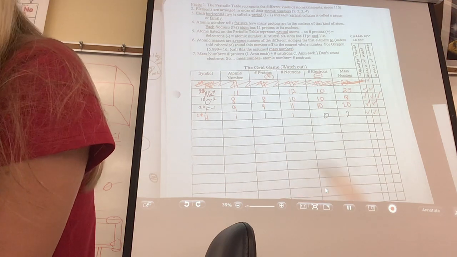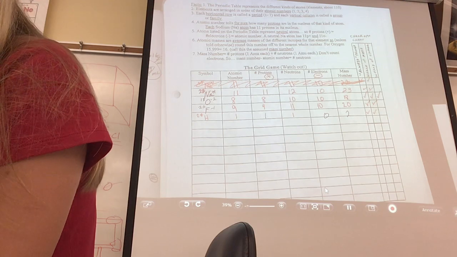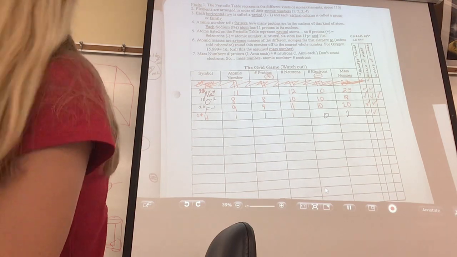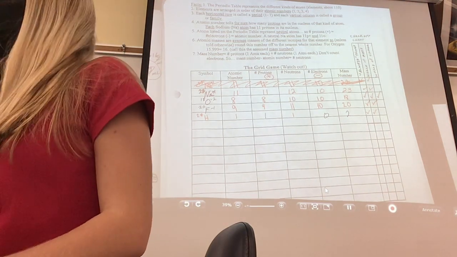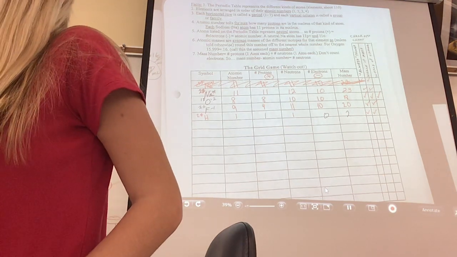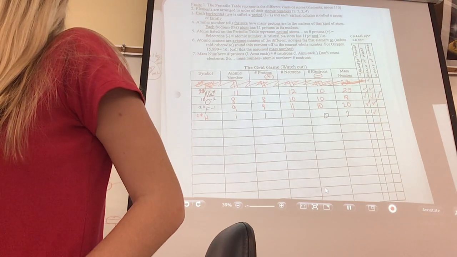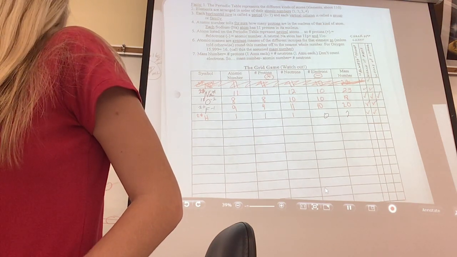So the protons. There's 1 proton and 1 electron. Say that again. There's 1 proton and 0 electrons. Okay, that makes a difference. So what would the charge be?